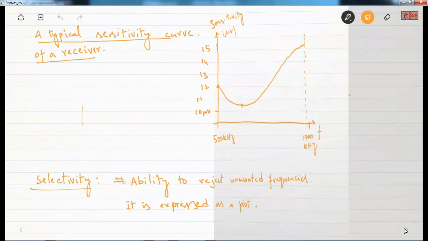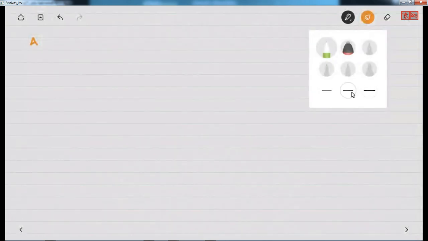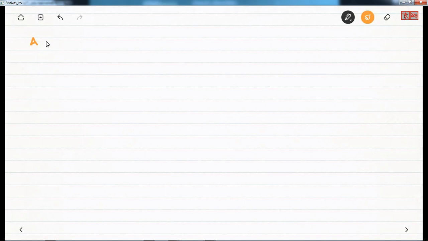I'll write this down, whatever I expressed orally. A typical selectivity curve will be something like this.